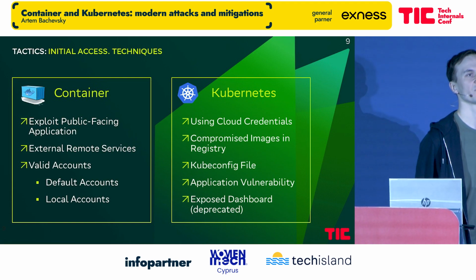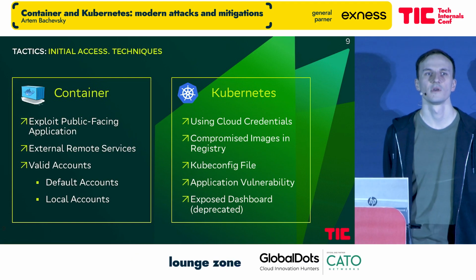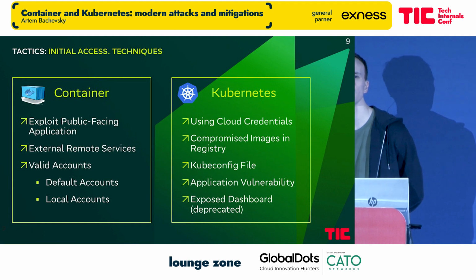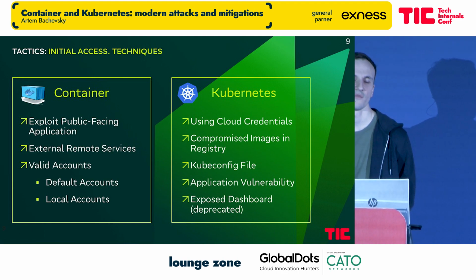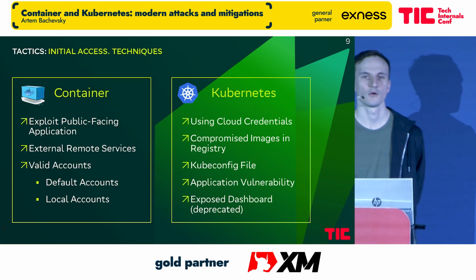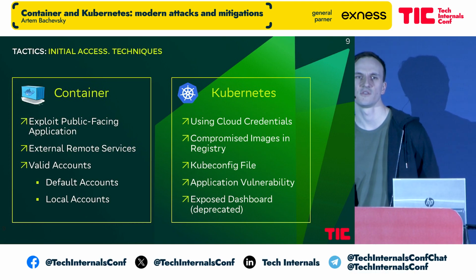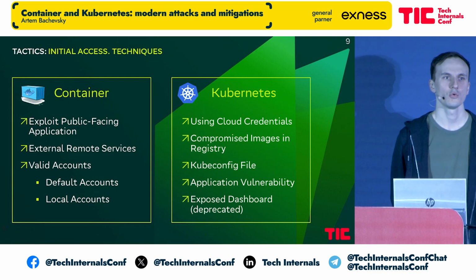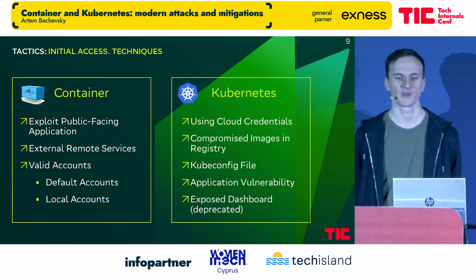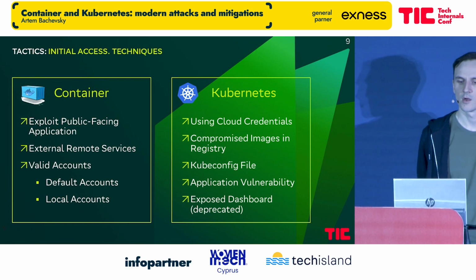Or you could use some accounts, some credentials that may, for example, be default for Grafana, or maybe there are weak passwords for them. Or go through the cloud, use some cloud credentials to get in.